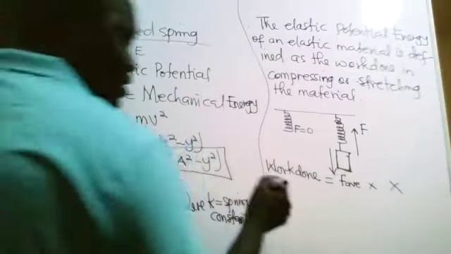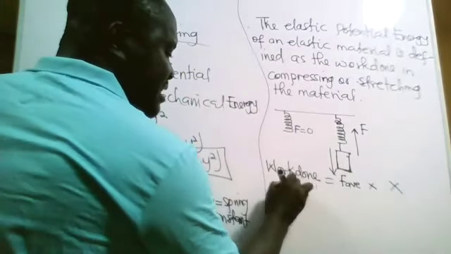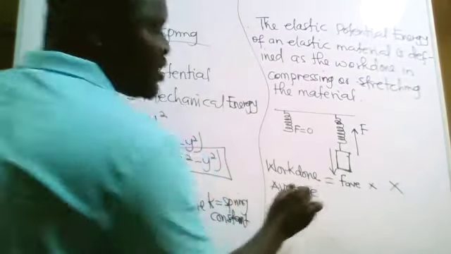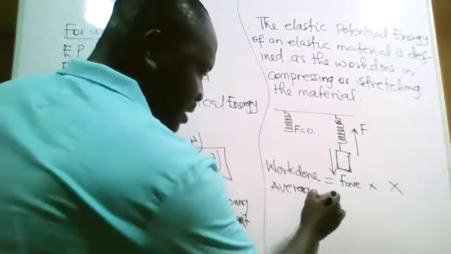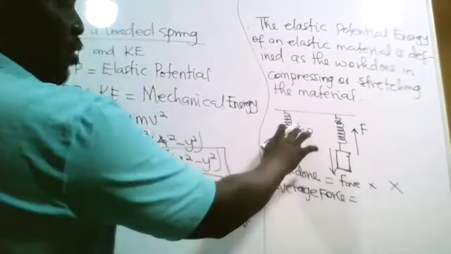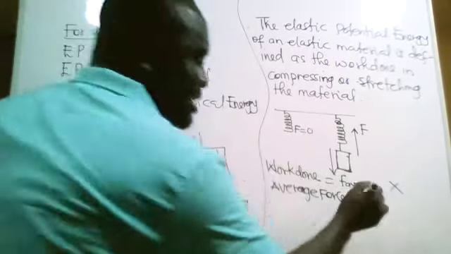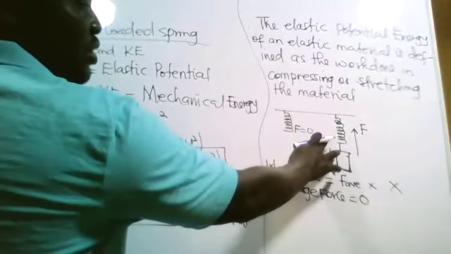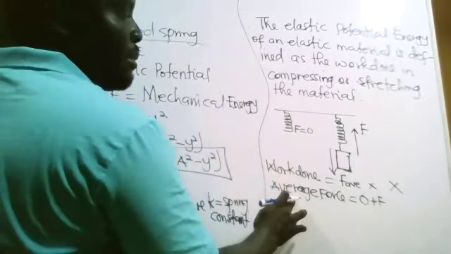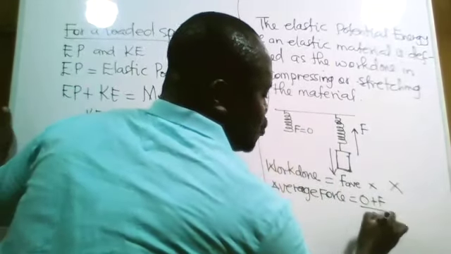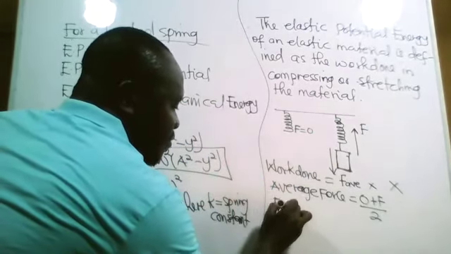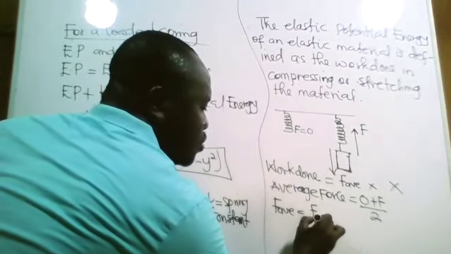Now, what is the average force? Here, we are looking at the force on the spring when there is no load and when there is load. The average of this: when there's no load, the force acting on it is 0. When there is load, the restoring force acting on it is F. Because we are talking about average, the sum of this divided by 2. So F average becomes F over 2.